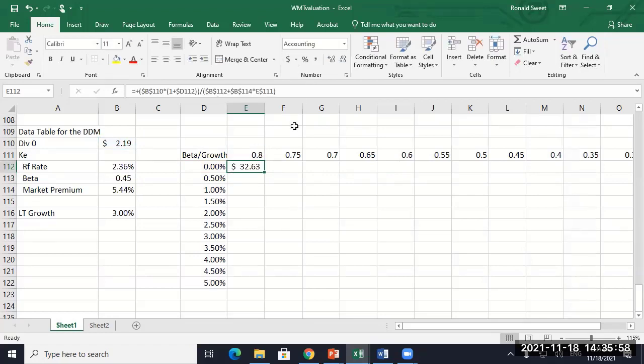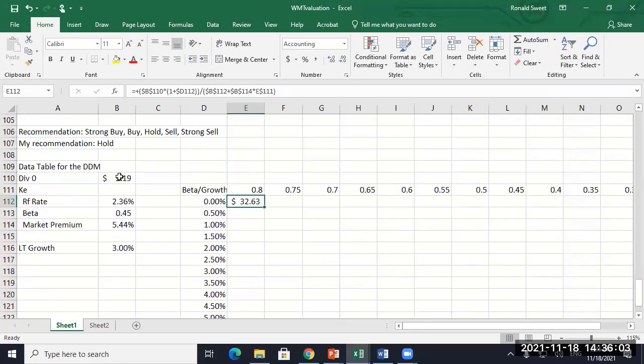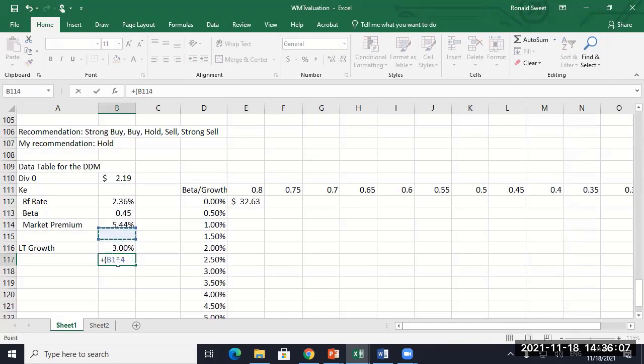That should give me a valuation. Really, really low valuation. Now, I forget where my assumptions were over here. Let's check real quick and see what we get, just to make sure this is all right. That times 1 plus long-term growth divided by that plus that times that minus... Oh, I forgot to subtract long-term growth, didn't I?